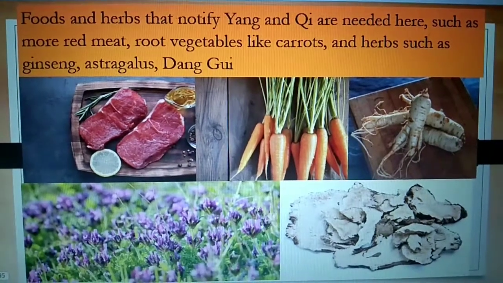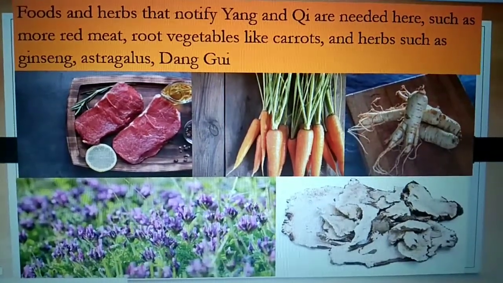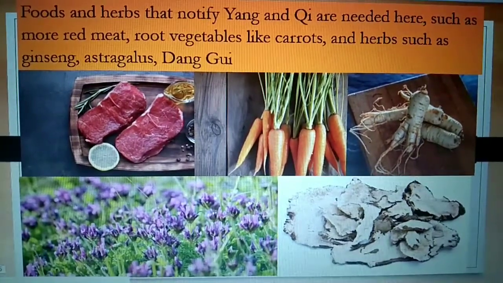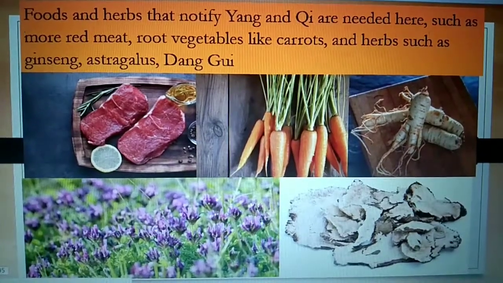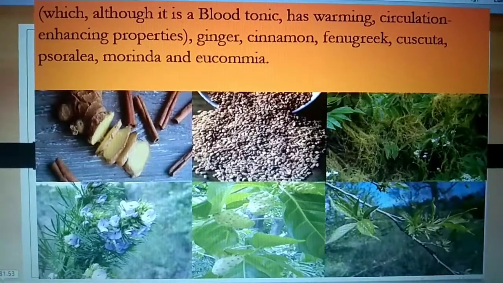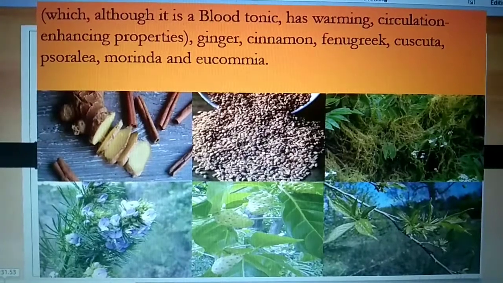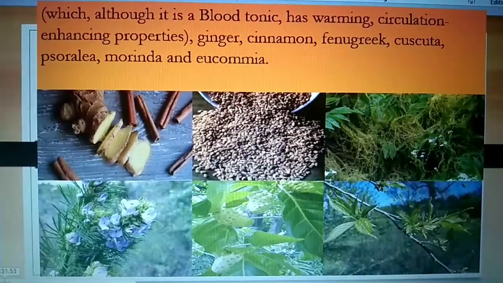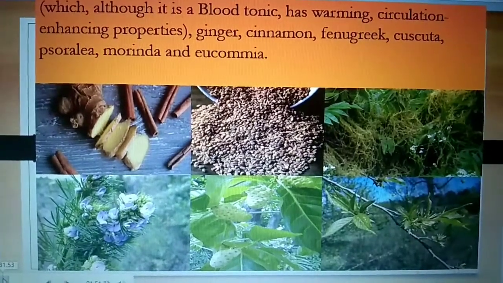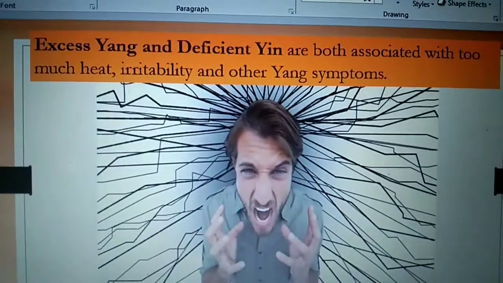Foods and herbs that tonify yang and qi are needed here, such as more red meat, root vegetables like carrots, and herbs such as ginseng, astragalus, dang gui, which although it is a blood tonic, has warming, circulation enhancing properties, ginger, cinnamon, fenugreek, cuscuta, psoralea, morinda, and epimedium.